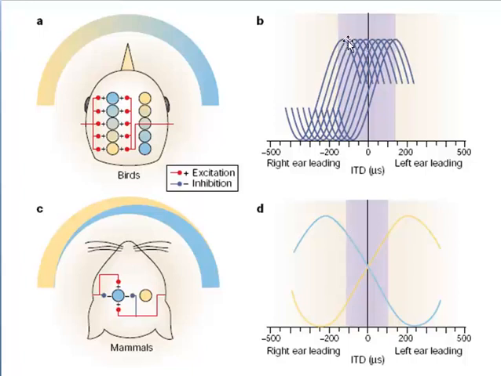So birds and mammals have independently evolved a system for measuring interaural time delay, and those systems solve the problem in different ways. The same thing has been found also in South African and South American electric fish.